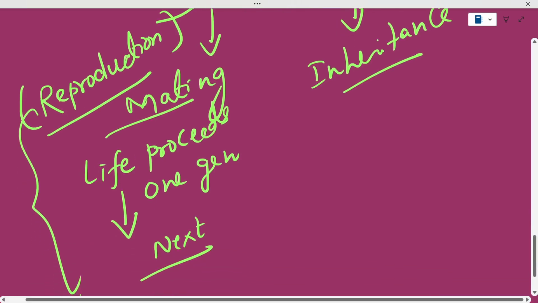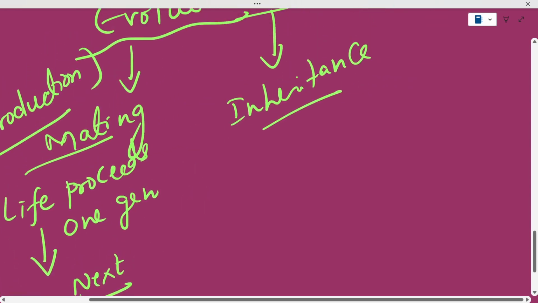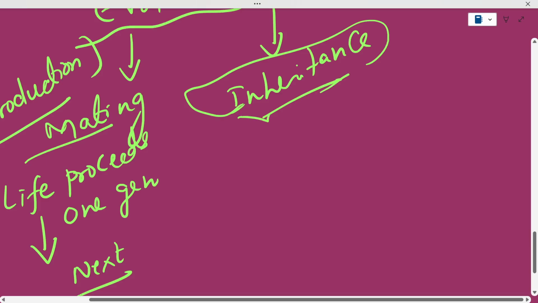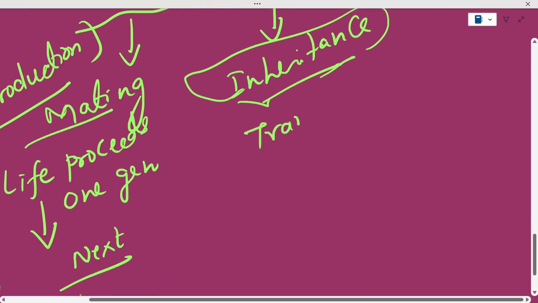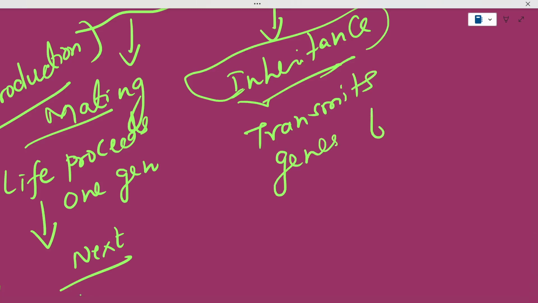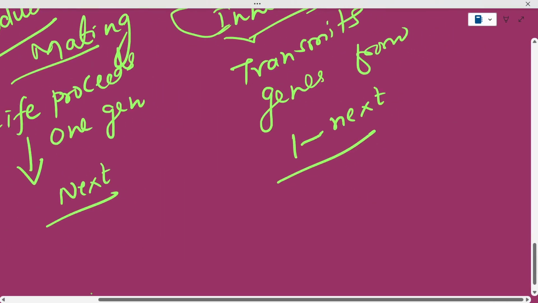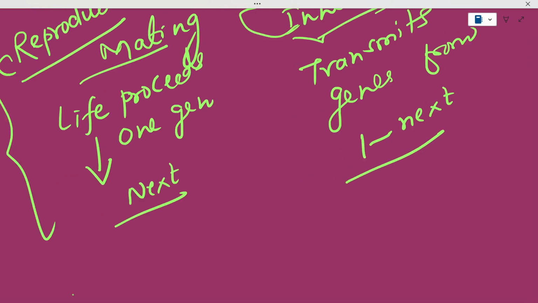Then inheritance is the actual process by which mating transmits genes from one generation to the next. So both are interchangeable terms, but there is a slight difference between the two.